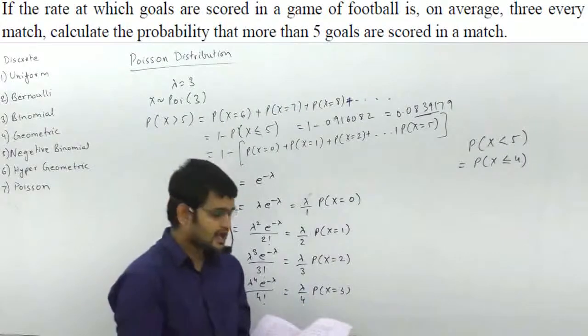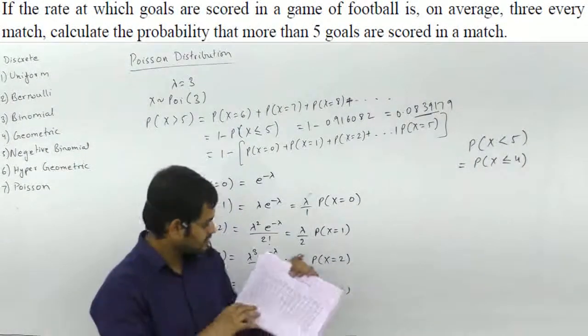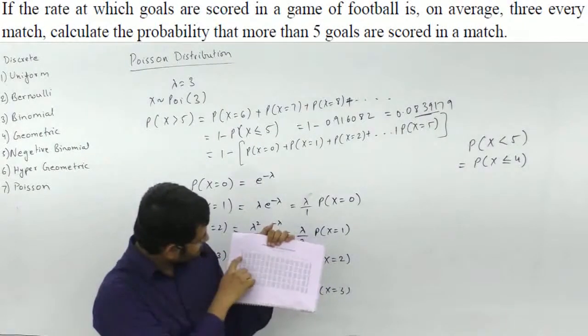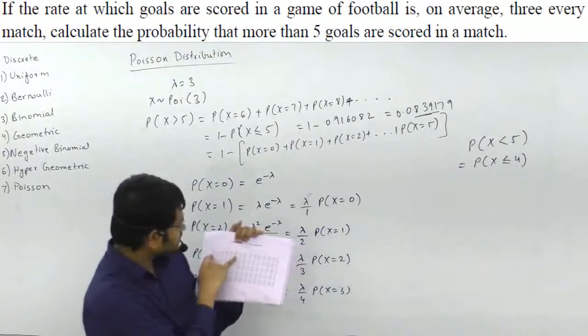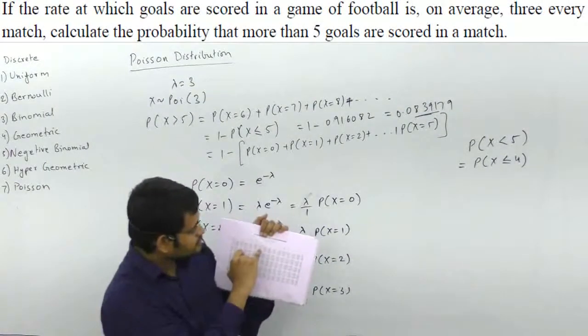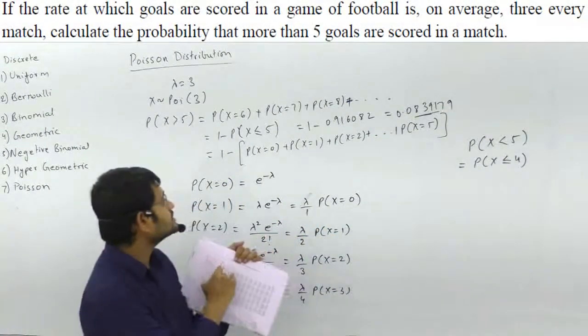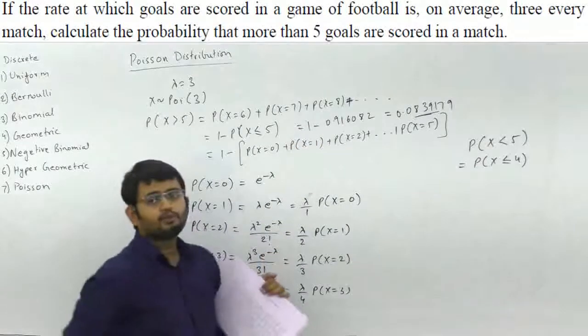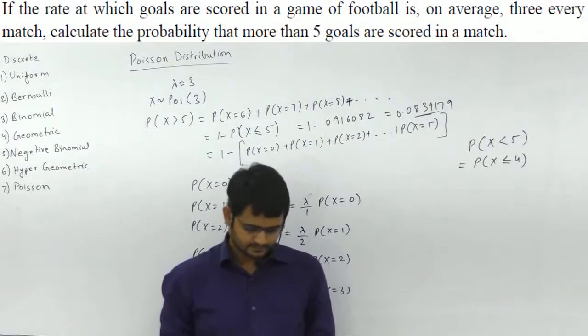So mu 3, that will be the third line, and we need probability less than equal to 5. You are going to see 0.91608. So you can use this to find Poisson distribution probabilities also.